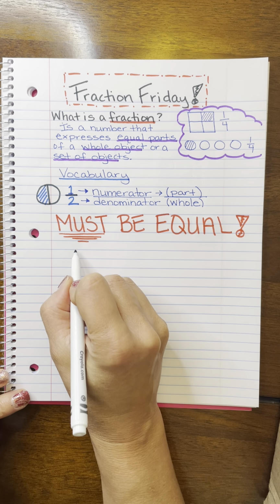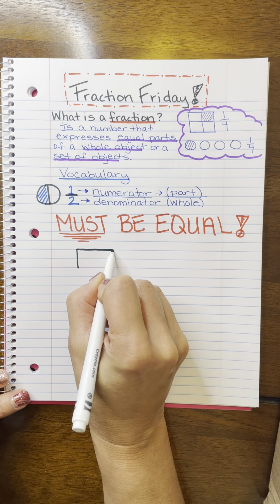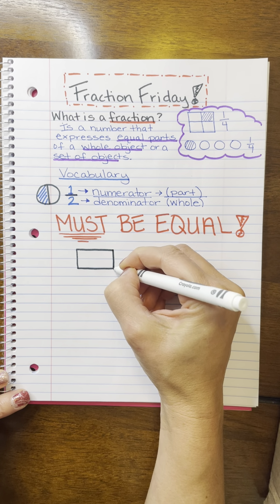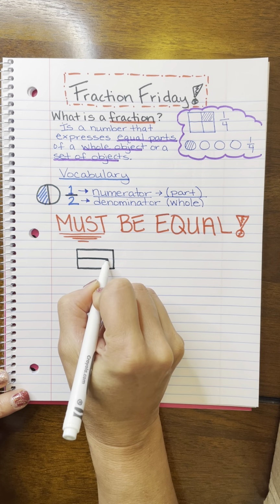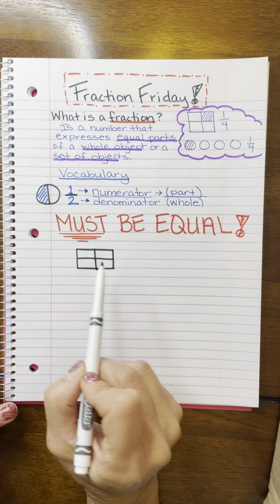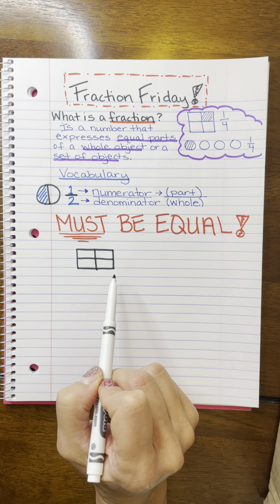I'm going to show you an example with this beautiful little rectangle. Okay, so I cut it beautifully. Do you see how each of these spots is just so beautiful, right?